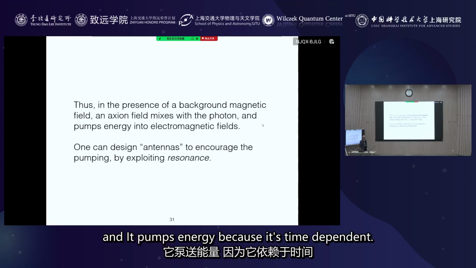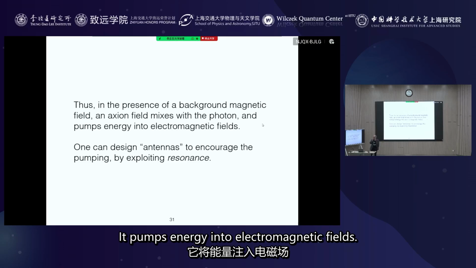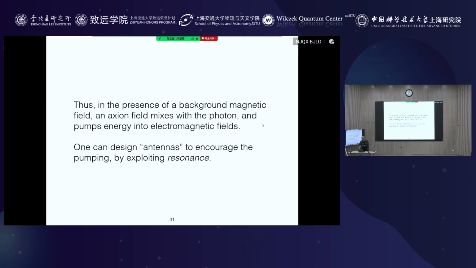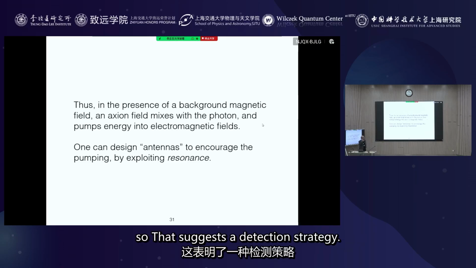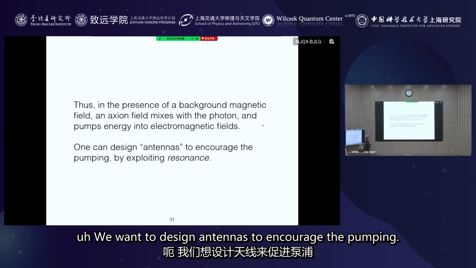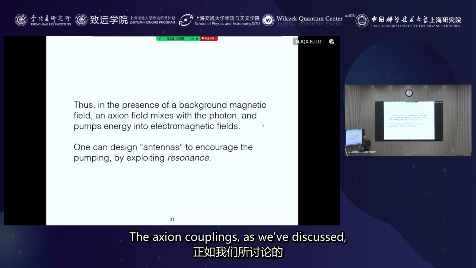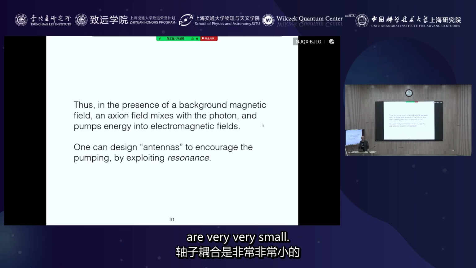And because it's time dependent, it pumps energy into electromagnetic fields. So that suggests a detection strategy. We want to design antennas to encourage the pumping. The axion couplings, as we've discussed, are very, very small.